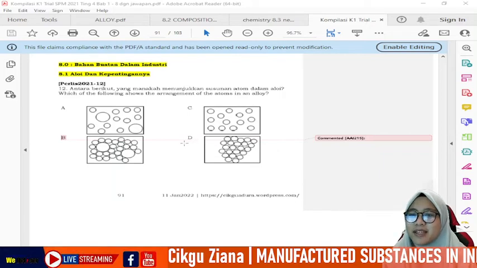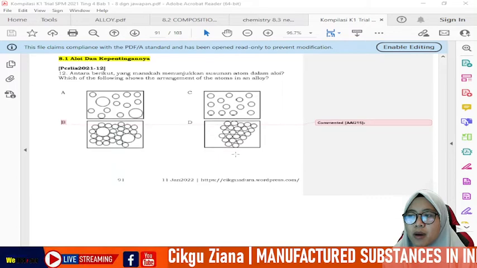B. Okay, this is the alloy. What is an alloy? Not an orderly arrangement, with different sizes of atoms, but they must be closely packed. Why is A wrong? Because it is not closely packed. Why is C wrong? Because it is not closely packed. D is closely packed, but this is a pure metal.